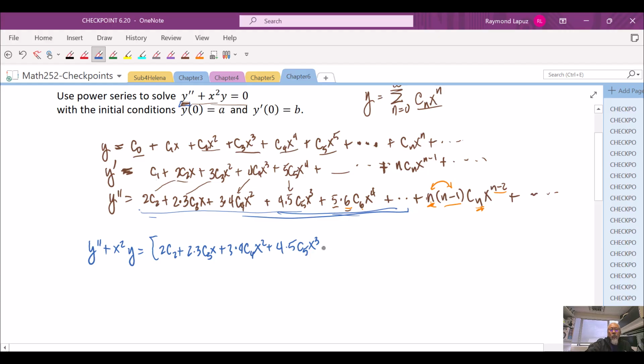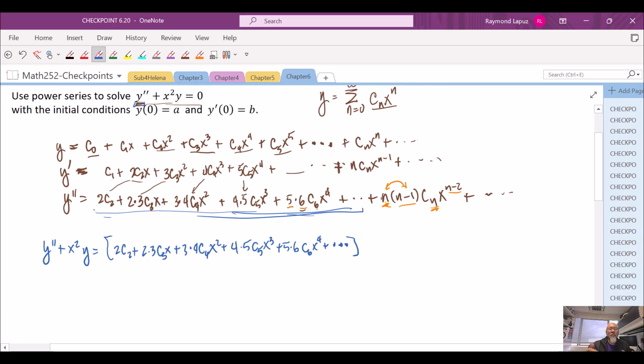Let's do one more: 5 times 6c sub 6 x to the fourth power. And then I'll put the dot dot dot here. Remember, the dot dot dot makes it legal for you to write an equal sign. Otherwise it would just be an approximation.